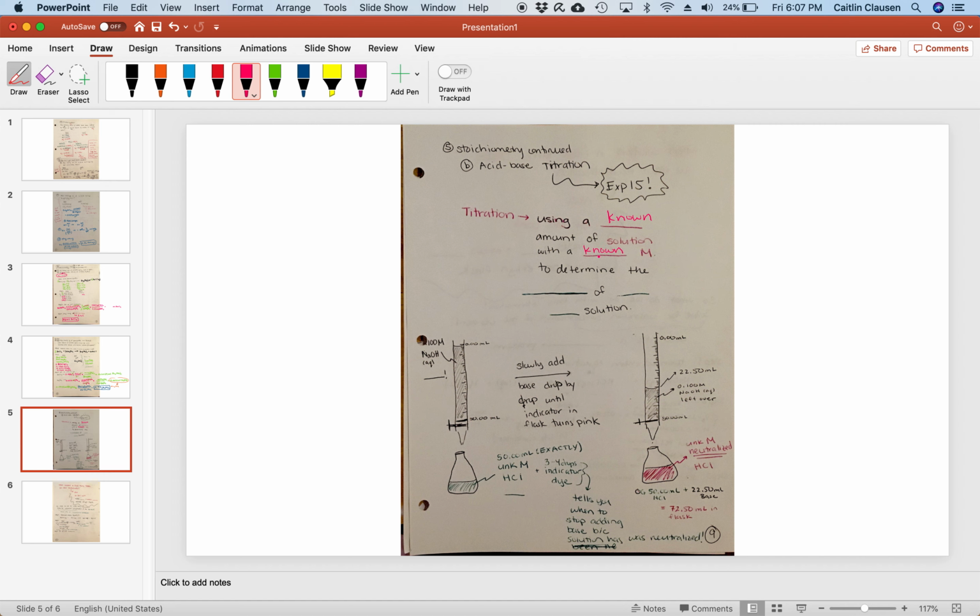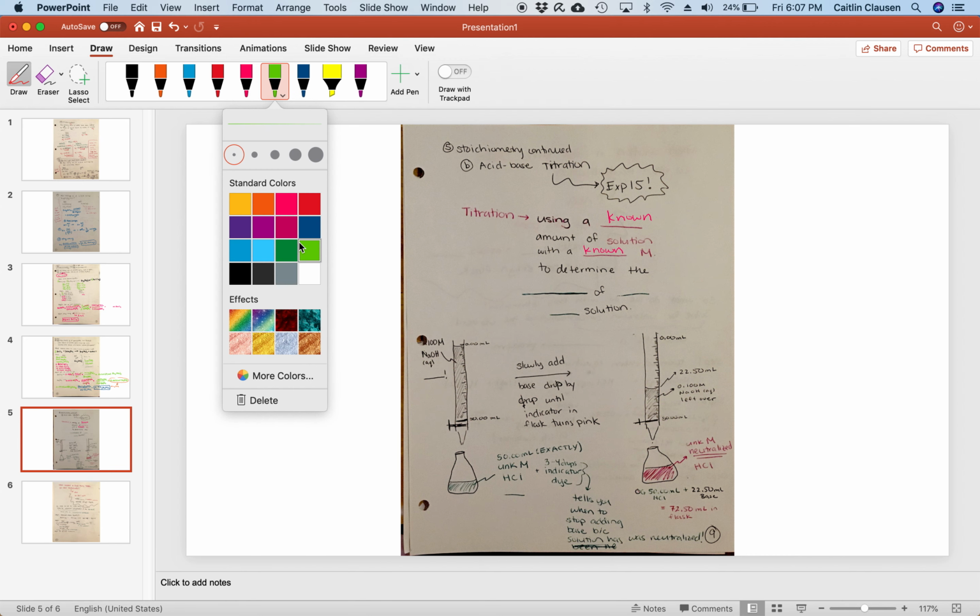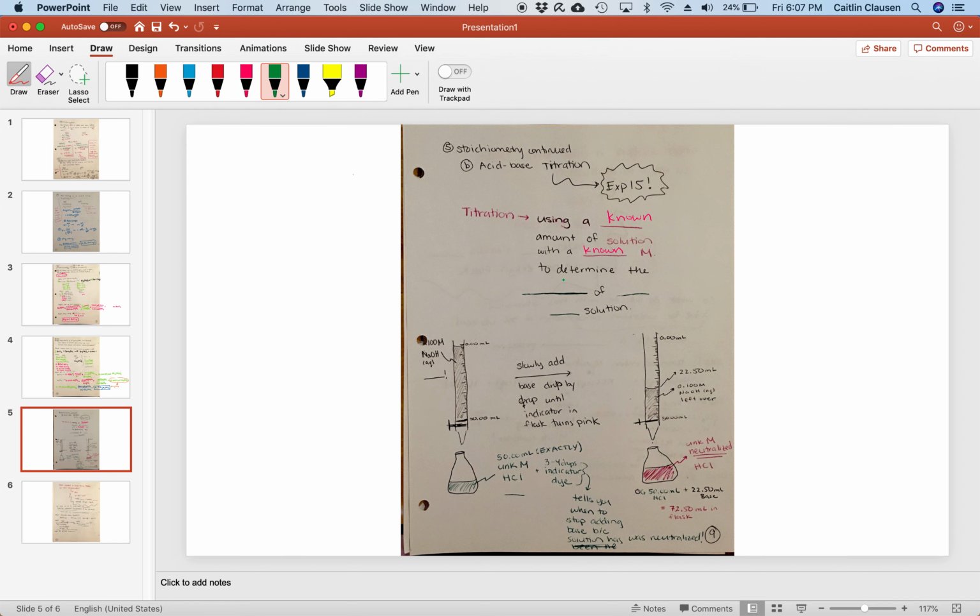And we're using this to determine the concentration of an unknown solution, some other solution. So we don't know the molarity of some other solution.